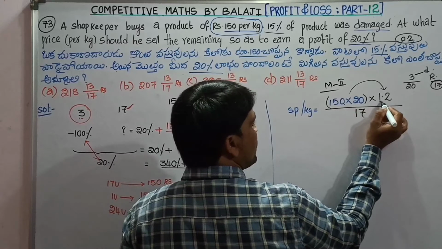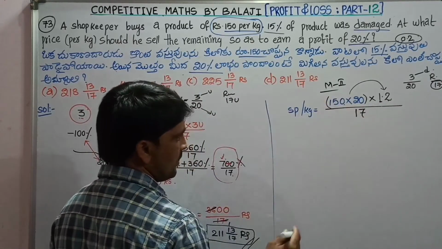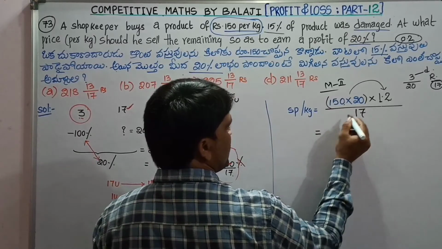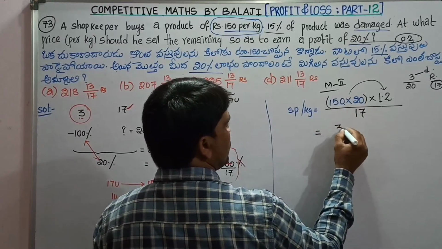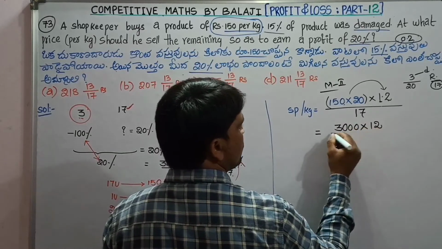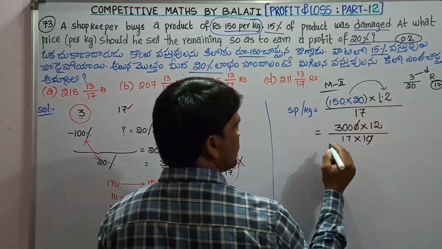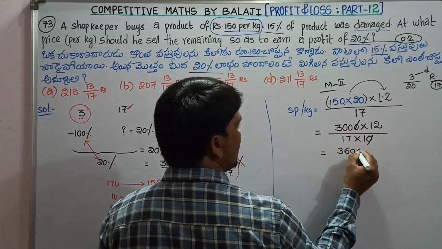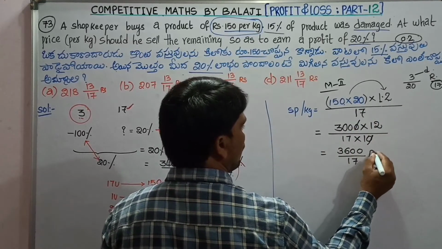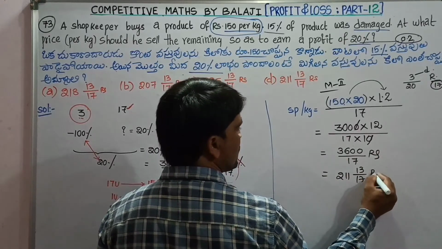Cost price is 1 unit and we have to get 0.2 extra profit on the remaining 17 articles. So, divided by 17. 150 twenties are 3000 into 12 by 17 into 10. Remove the decimal point, 0, 0 cut. 12 threes are 3600 by 17 rupees. That is again 211 whole 13 by 17 rupees per kg.